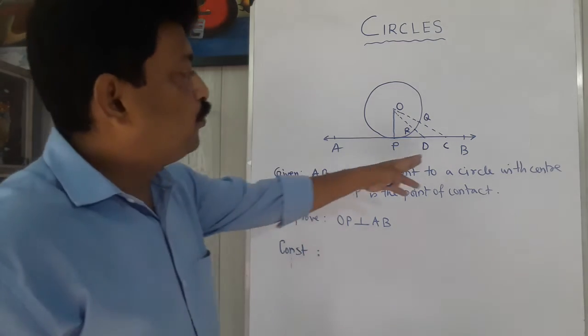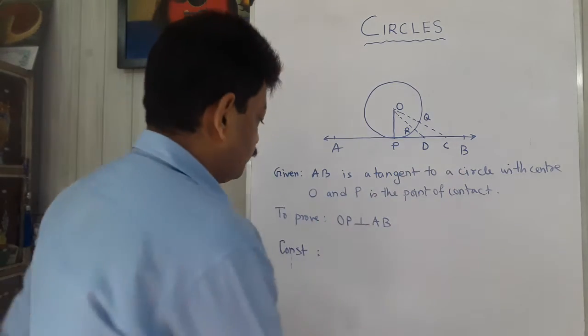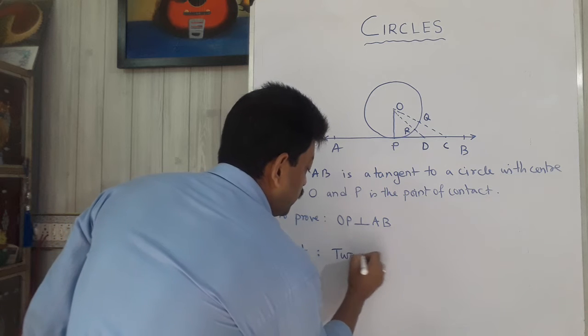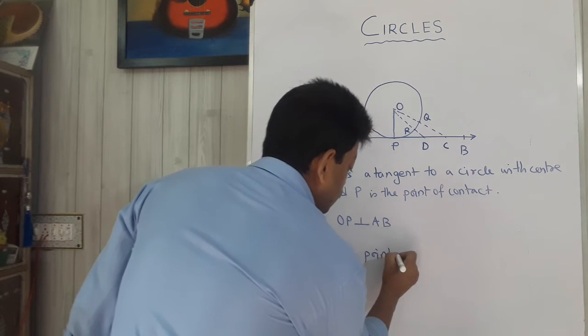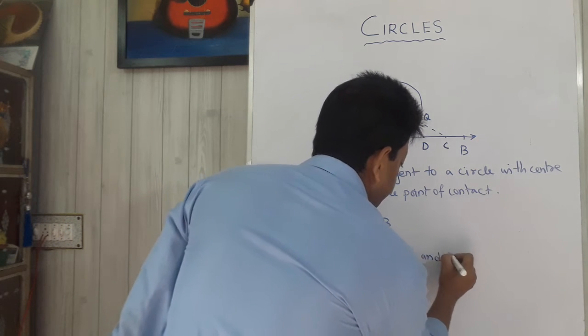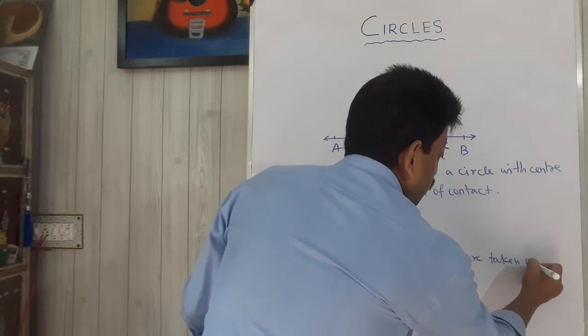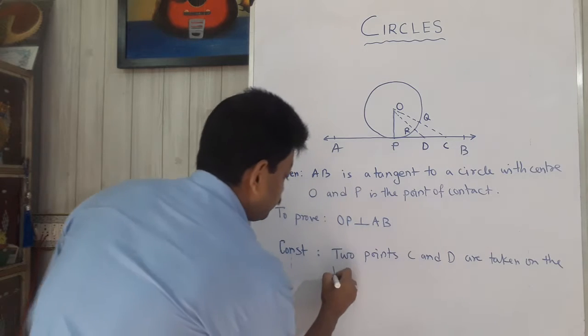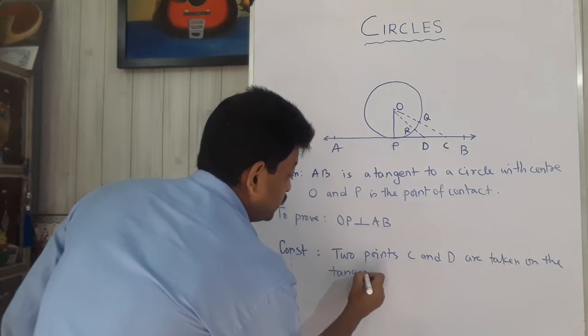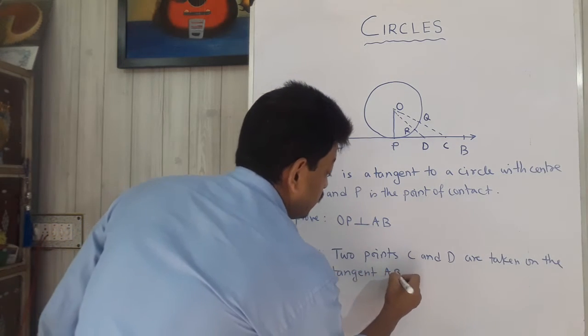Construction. Two points C and D are taken on the tangent AB.